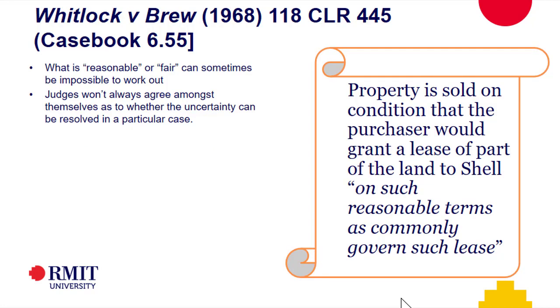So let's have a look at Whitlock and Brew. This is a case that went to the question of what's reasonable or fair. So part of this is about reading the contract as well.